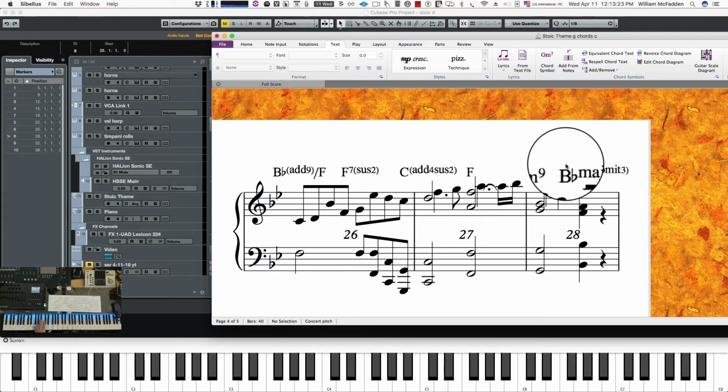Then the G minor again, so really G minor 9. There's your minor, there's your 9. And then back to the B flat major 7, omitting the 3. So that's up to 28.